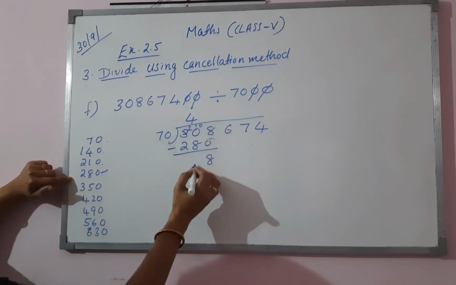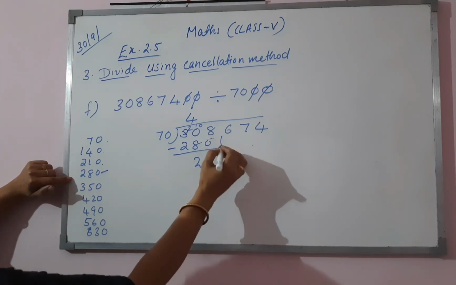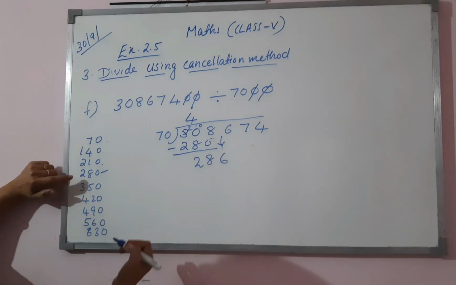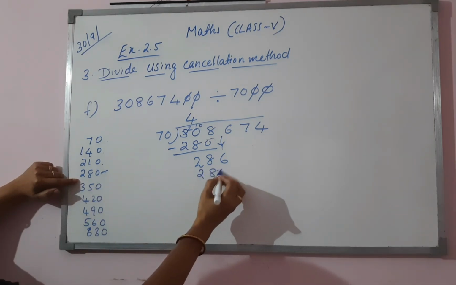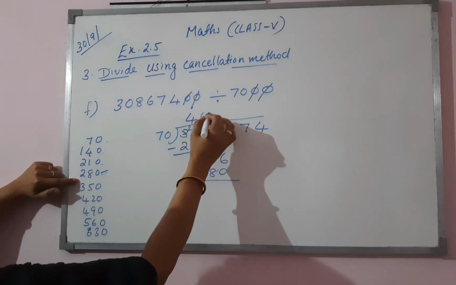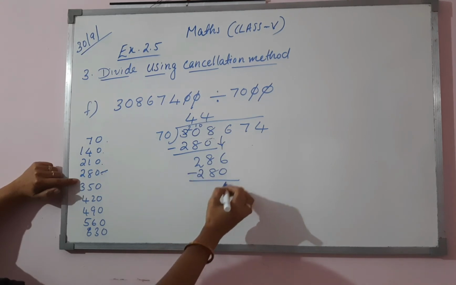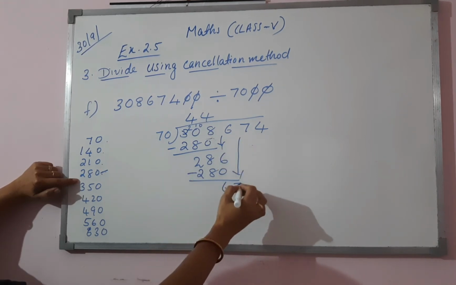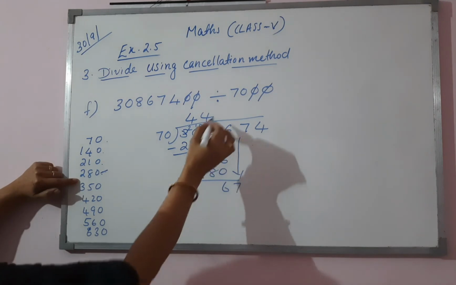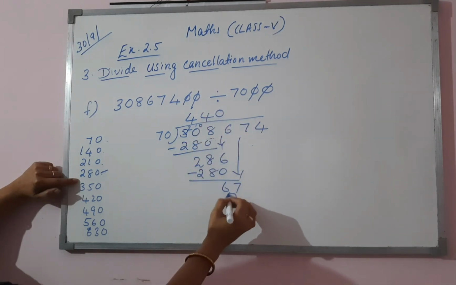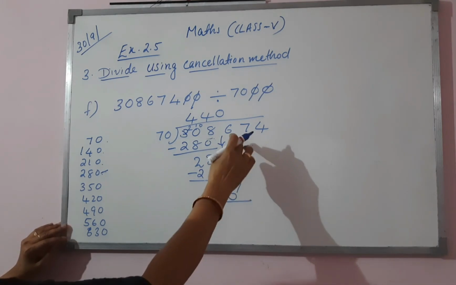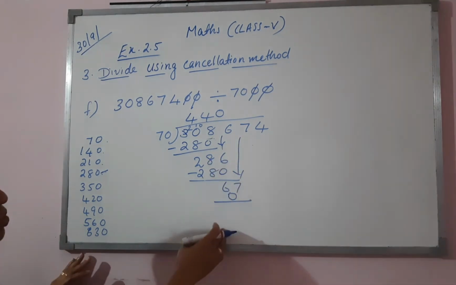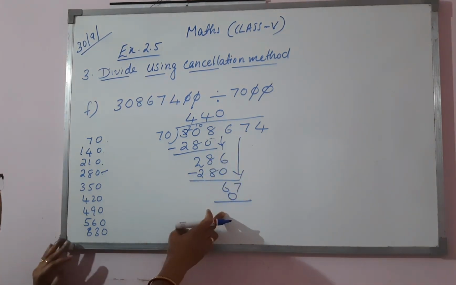So subtract: 8 minus 0 is equal to 8. Borrow 10. 10 minus 8 is equal to 2. Bring down 6. 286. So we can take again 280. How many times? 4 times. Subtract, 6 will come. Now bring down 7. Can we? No. So what you have to do? 0 times. After subtraction, then we bring down that 7. Again it is not possible, so you have to write 0 times.